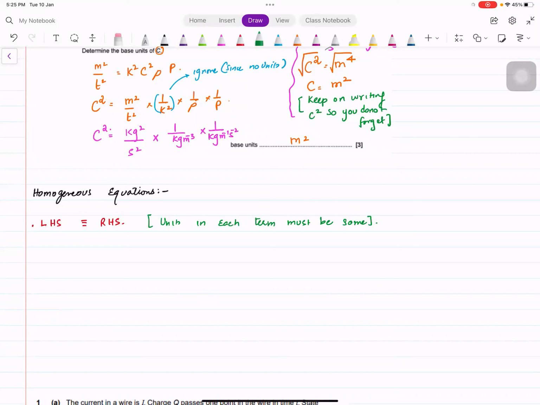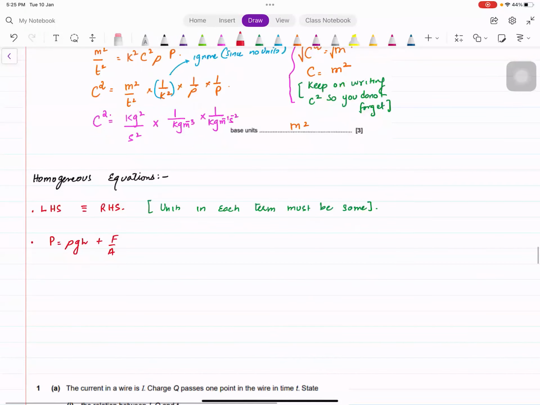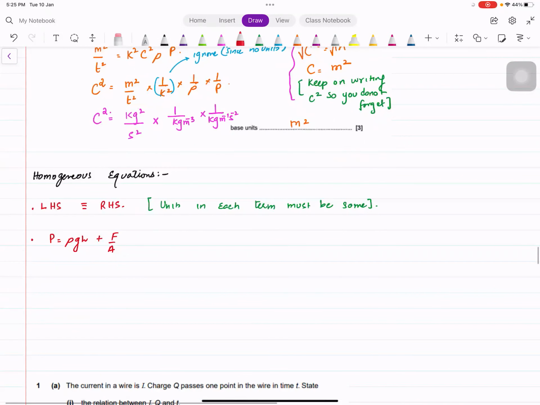All right, so let's just look at this. For example, if I say there's an equation like pressure equals rho g h plus force over area, suppose this is an equation. And now we want to know if this is homogeneous or not, right? To prove it as homogeneous, we know that pressure is kg meter^-1 second^-2.